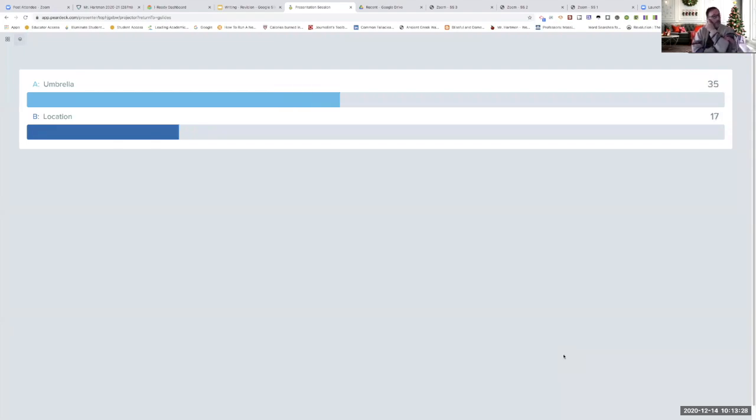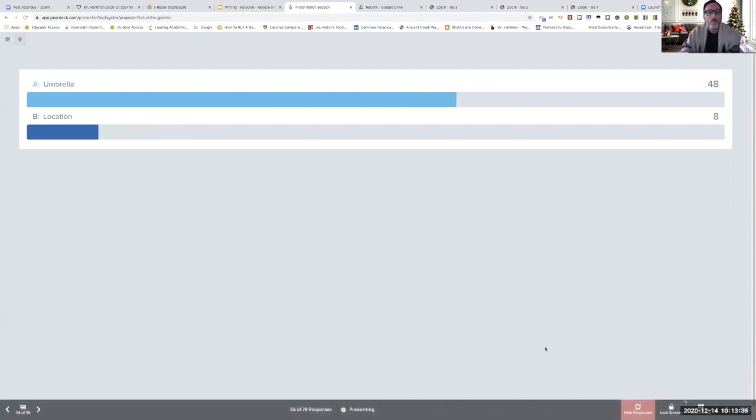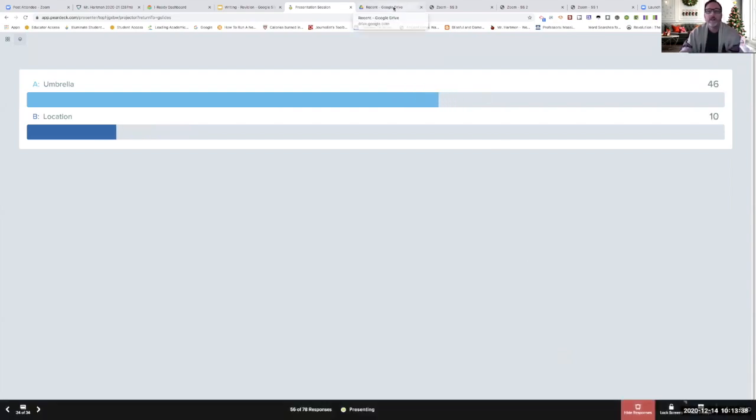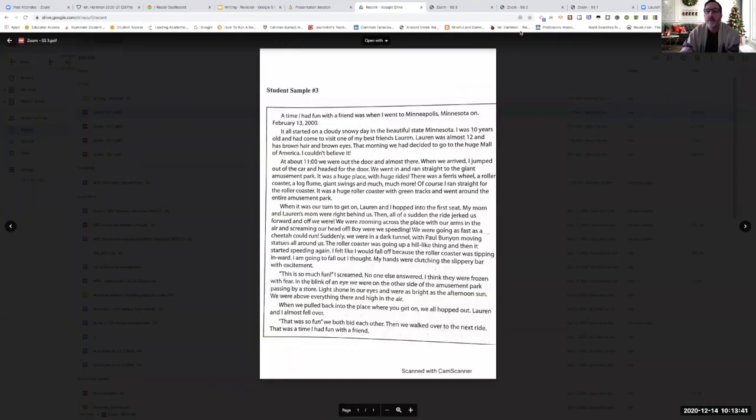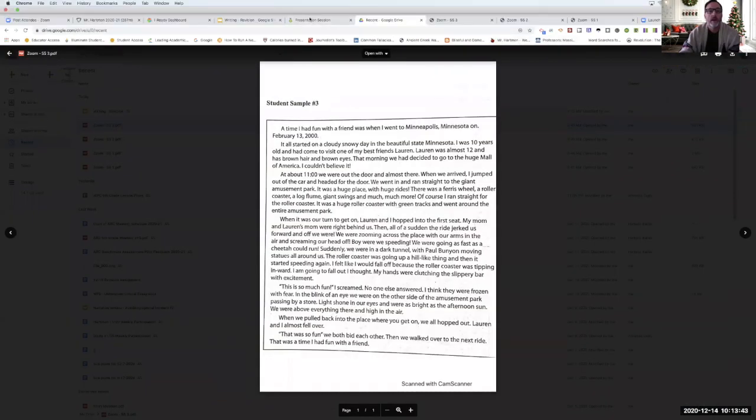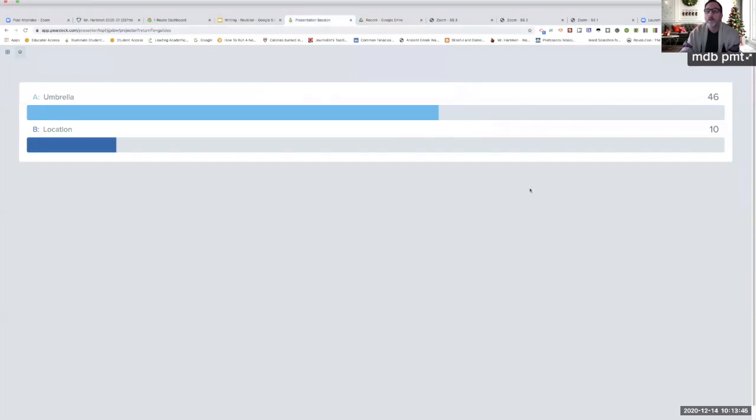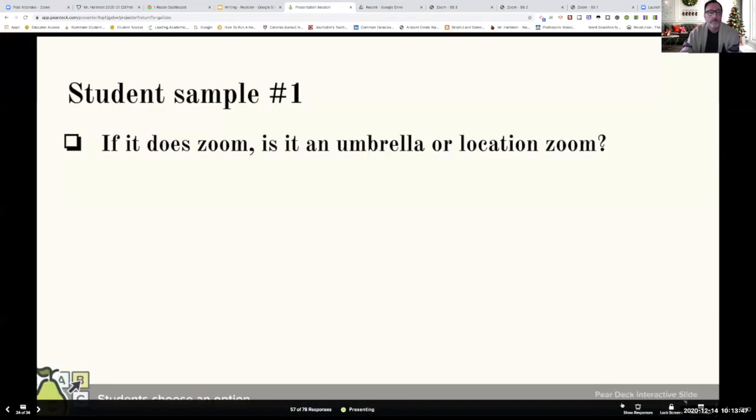So it does have a zoom, and it's an umbrella zoom, which means it takes place over multiple locations, but it does have a central idea there. Good, well done.